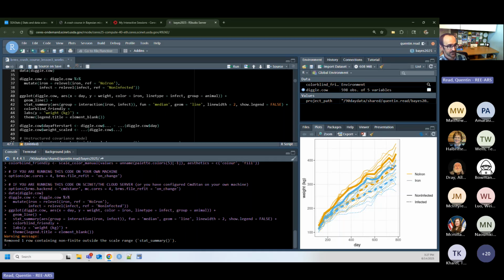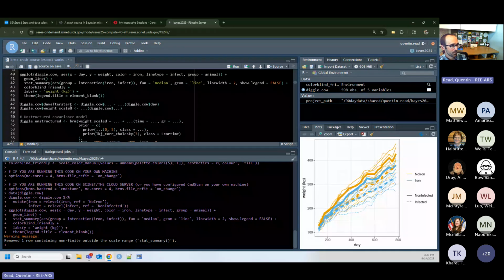Orange is the control group, and blue is the iron supplement. So if anything, it looks like iron supplementation is a little bit lower weight or a slower rate of weight gain, just from looking at this graph. Certainly, it's not benefiting much just from looking at the graph, but let's fit a statistical model to test that notion that we have from looking at the data.